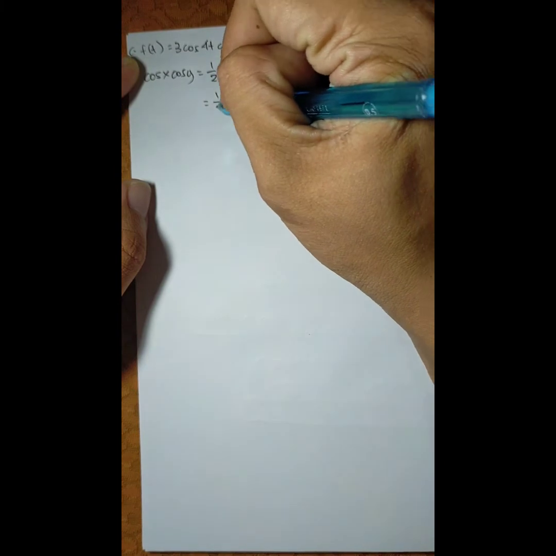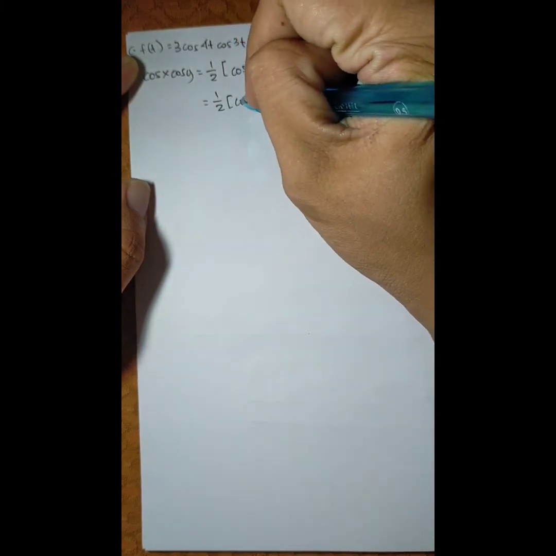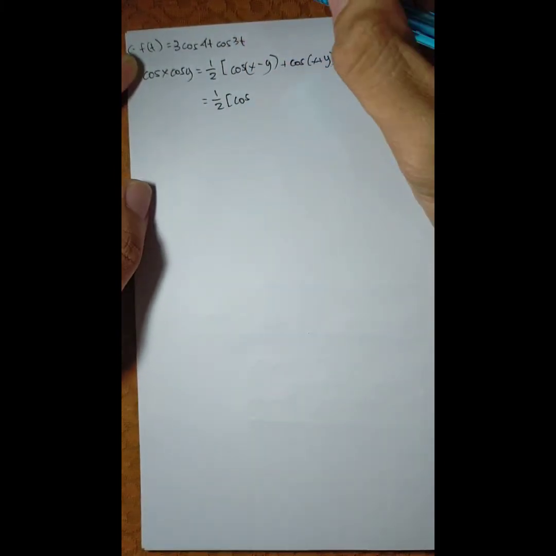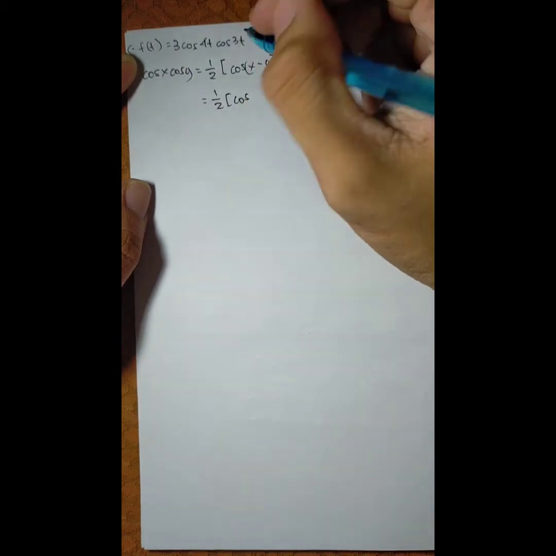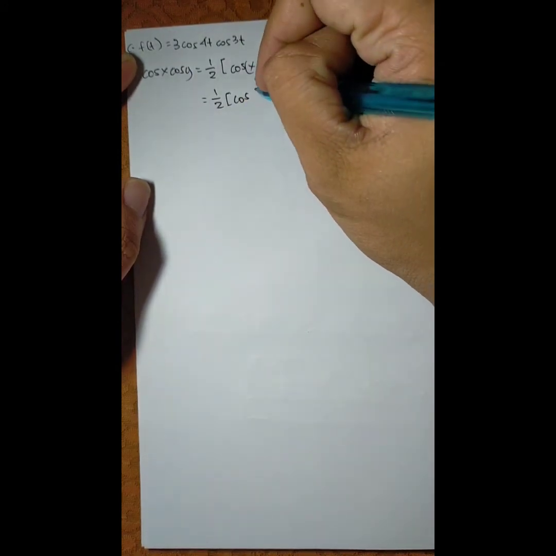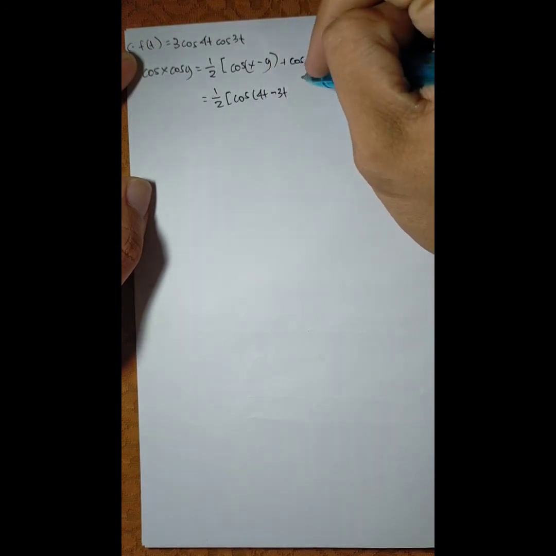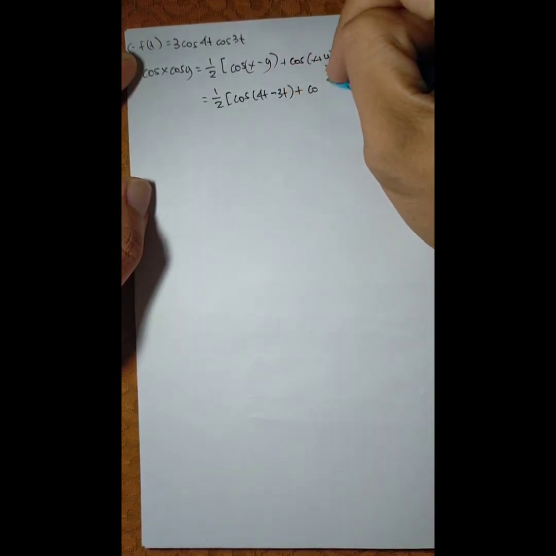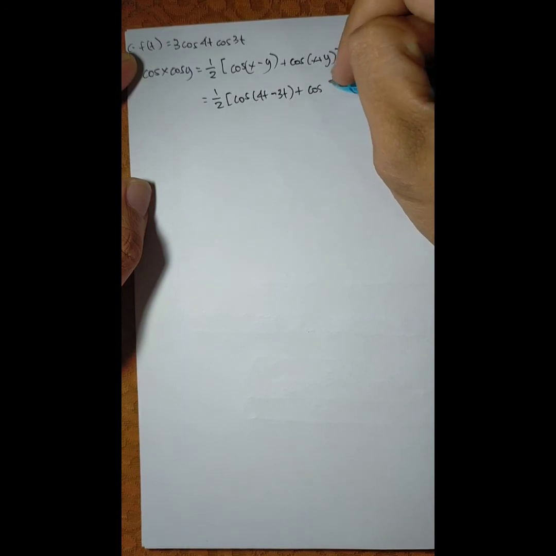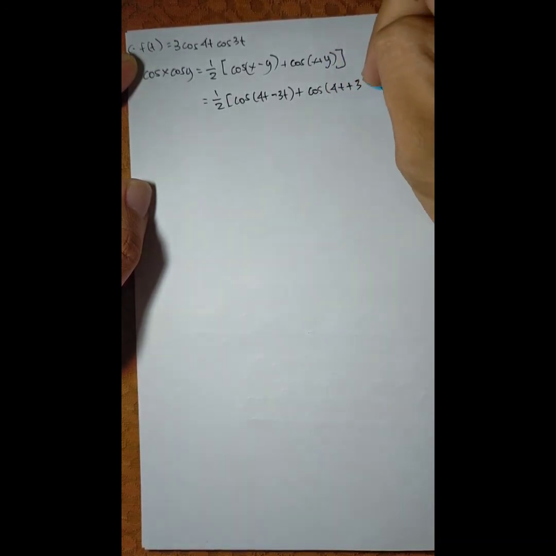This is equal to 1/2 cosine of, based on our given, we have our x is 40t minus 3t, plus cosine of 40t plus 3t.